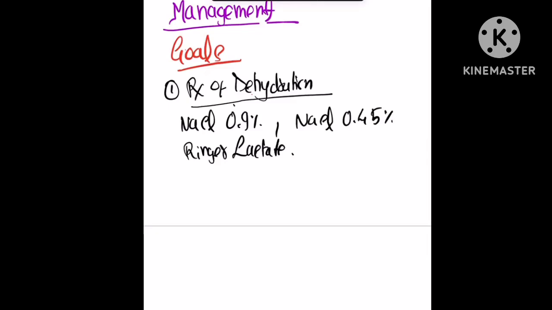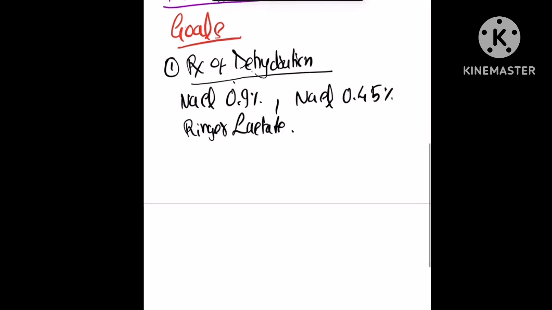To start fluid resuscitation, you also have to consider the volume status of the patient, and also monitor the cardiac and renal status.